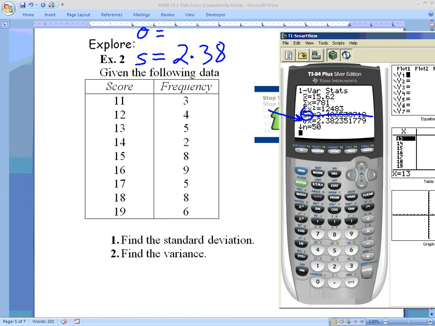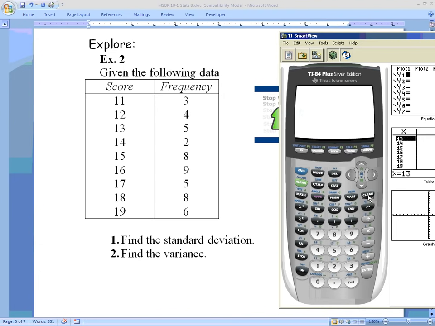Now to find the variance, we're going to take that number and square it. So we had 2.38, and I might even go one digit past that because if I'm going to square it, I'm not using the 2.38 as a final answer. So I'm going to take 2.382, go one digit past, and then square that value.